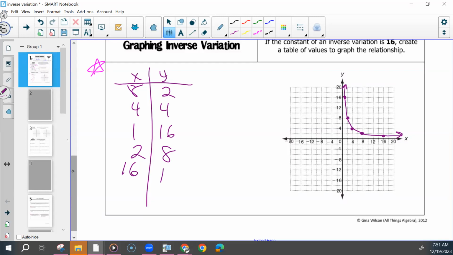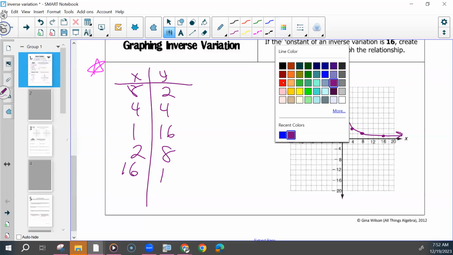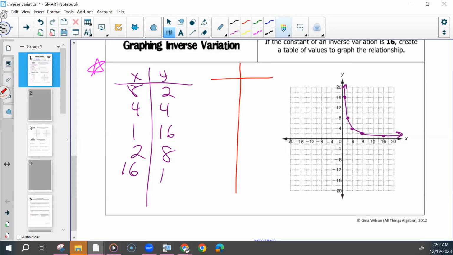When I asked what numbers would make 16, Lucas also said negative. So we only used the positives, but two negatives would also make 16. So we're going to use these same numbers, but make them negative. Negative 1, negative 16; negative 2, negative 8; negative 4, negative 4; negative 8, negative 2.